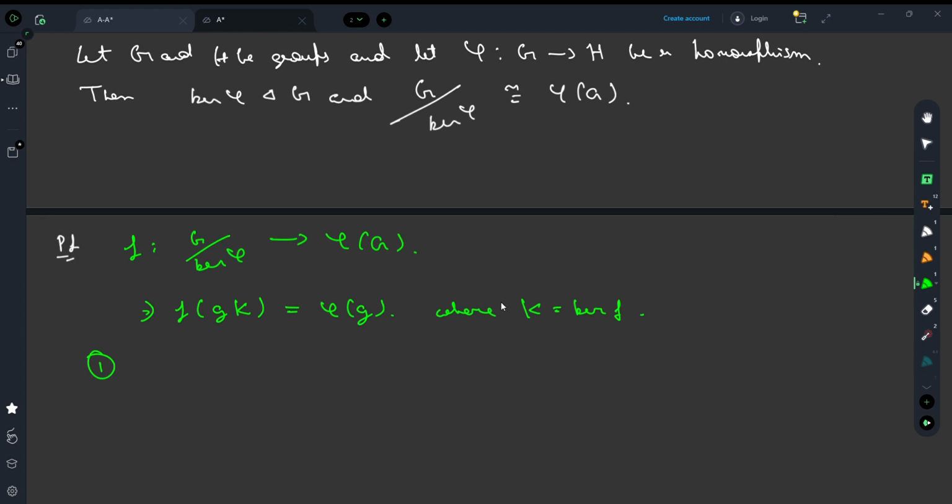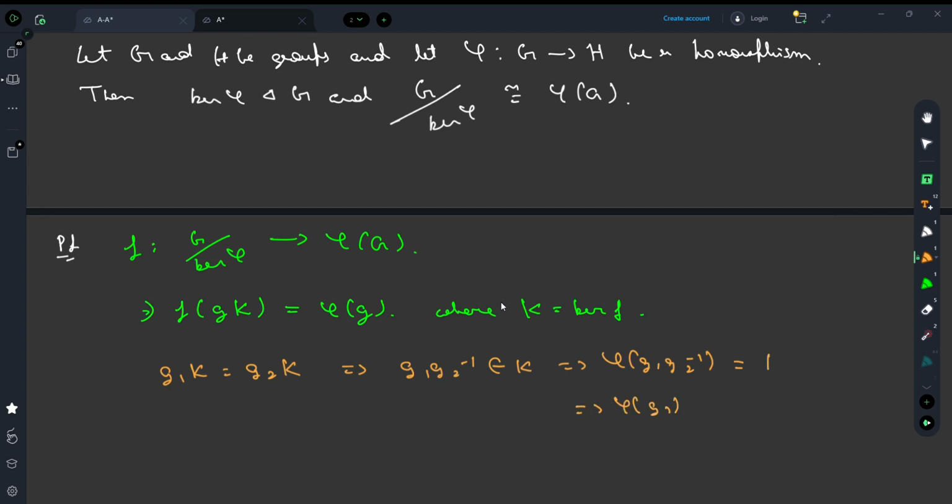Is f well defined? Now f is trivially well defined, because if you choose elements g1K equals g2K, then that would imply g1 g2 inverse is in K, but that would imply phi of g1 g2 inverse is equal to 1.